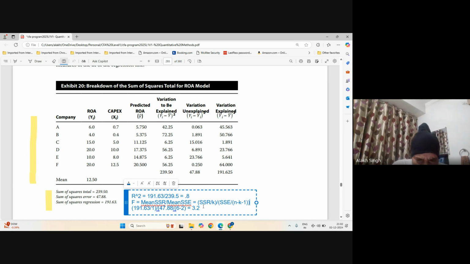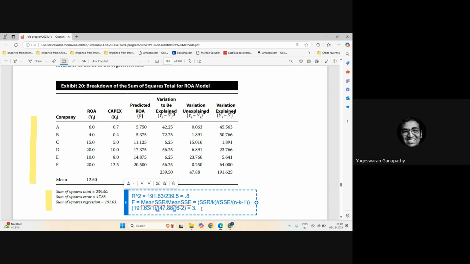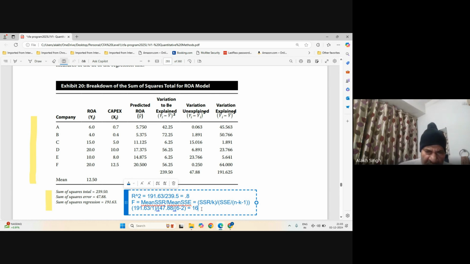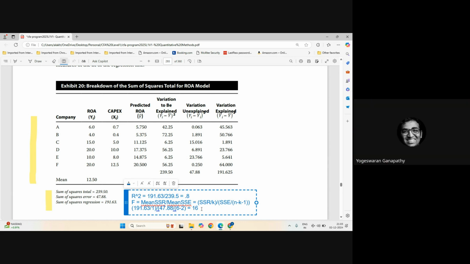Okay, so now what is the value of this F? Probably it will be 16.